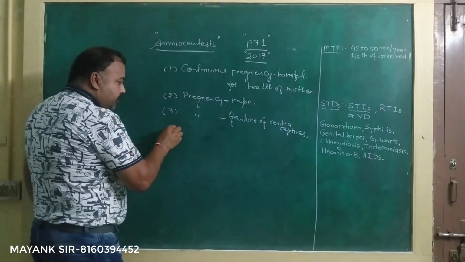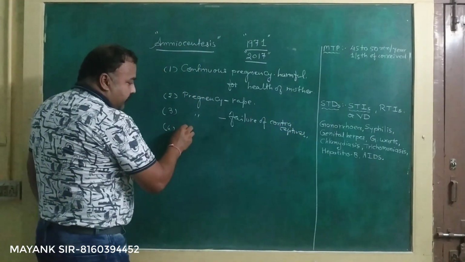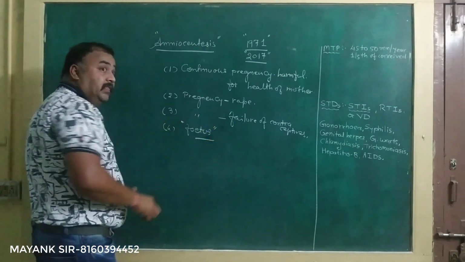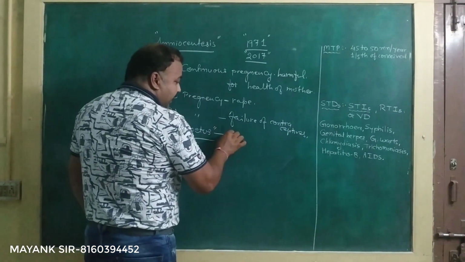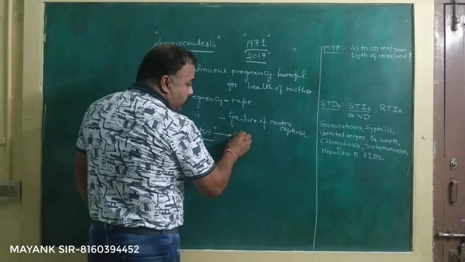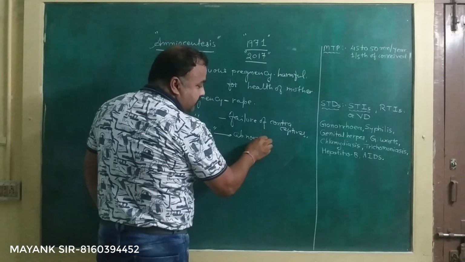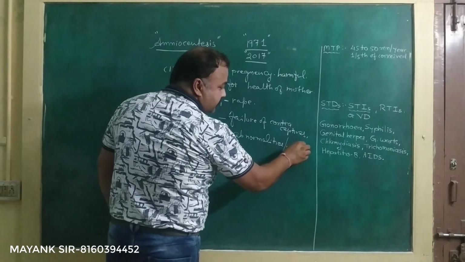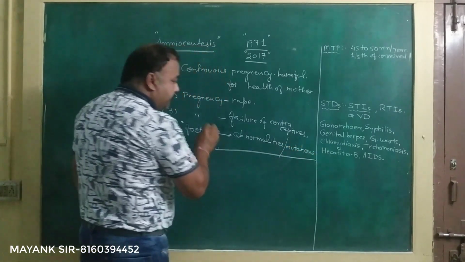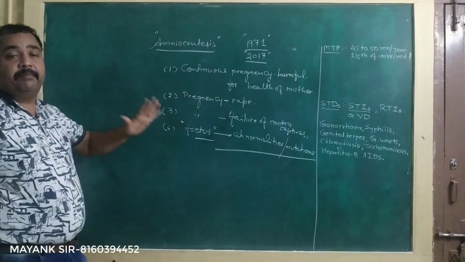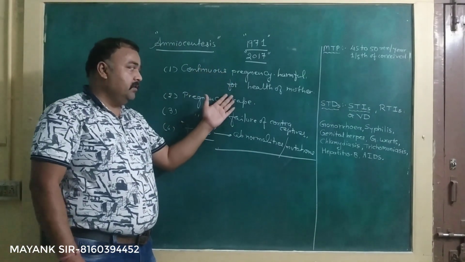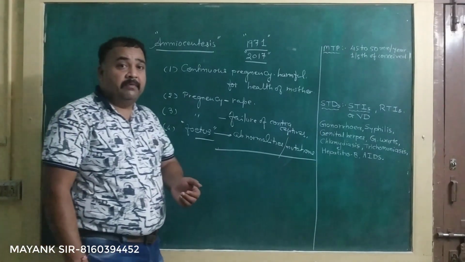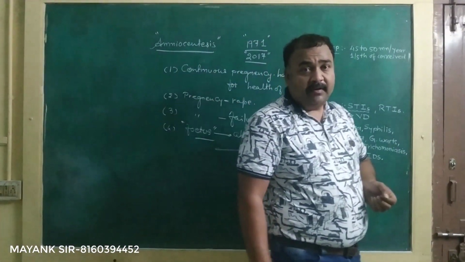And fourth, if the developing fetus in the womb has some kind of abnormalities or physical mutations, then the MTP can be performed. These are the four conditions during which abortion can be performed legally.